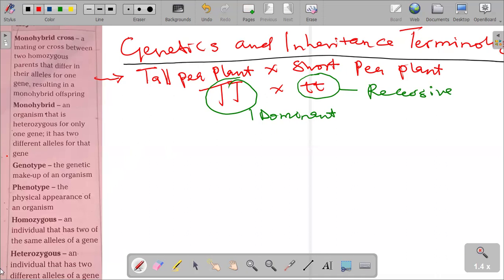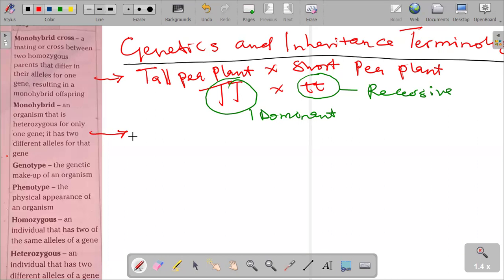Our next term is monohybrid, which is an organism that is heterozygous for only one gene. It has two different alleles for that gene.